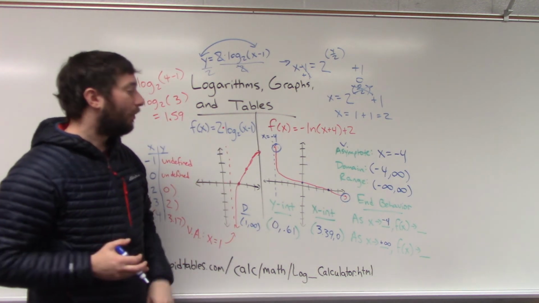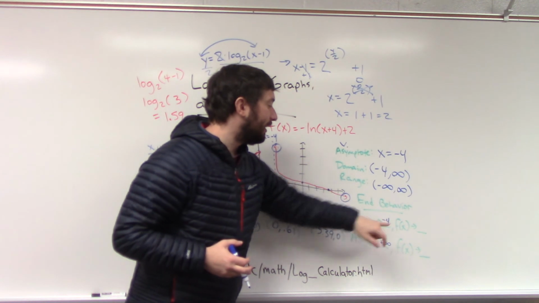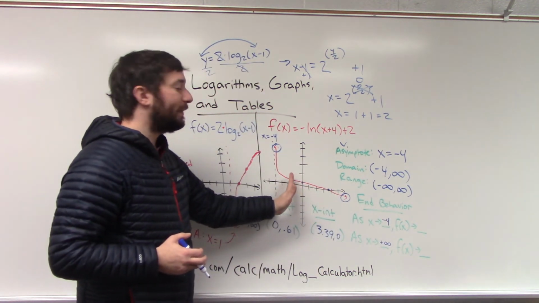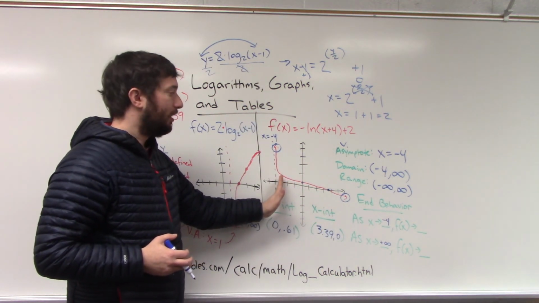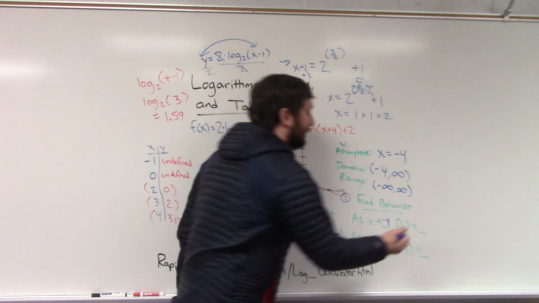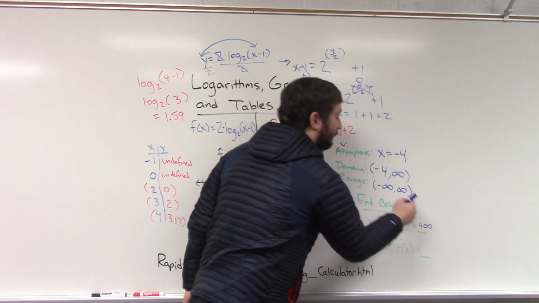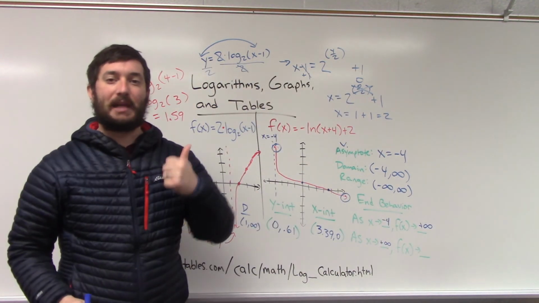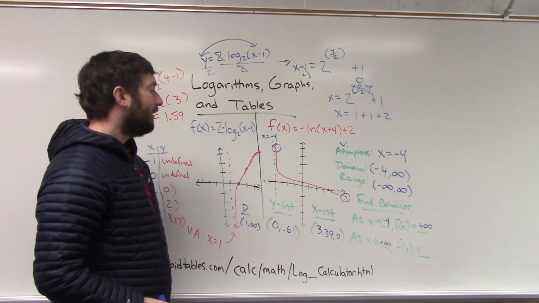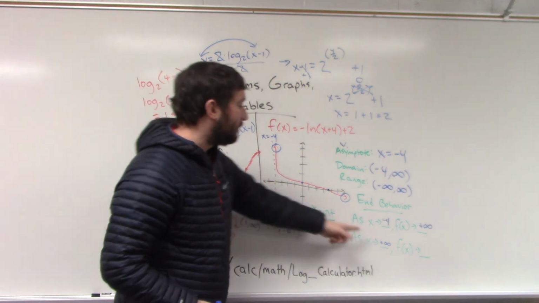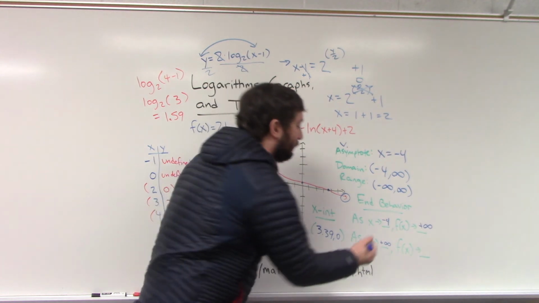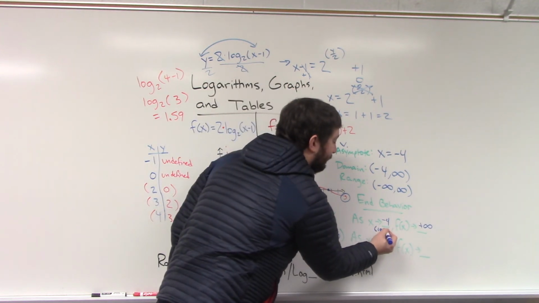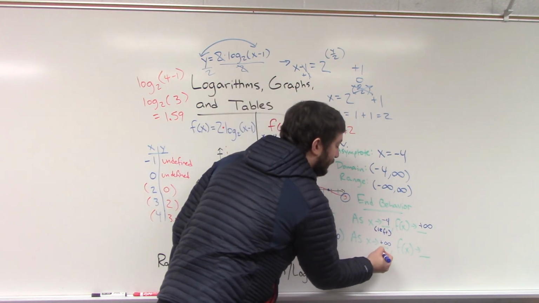Okay, so what happens as I go towards negative 4, towards the left? Does my graph go up or down? Positive infinity in this case. Okay, that matches your range, that makes sense. The other arrow, as we go towards the right side of the page, right, this would be like left versus right.